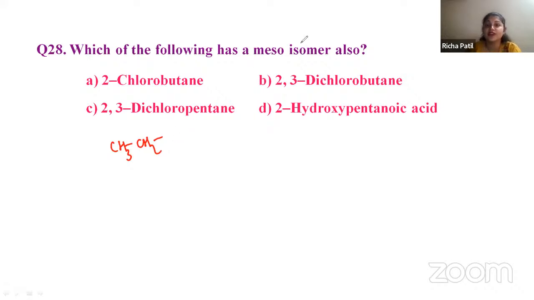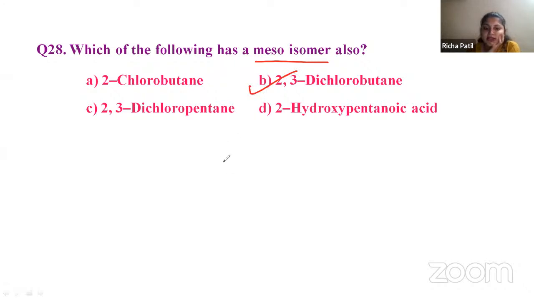It should have a meso isomer. No, not D. D is not the correct answer. Yes, Lohit, correct. It is B.